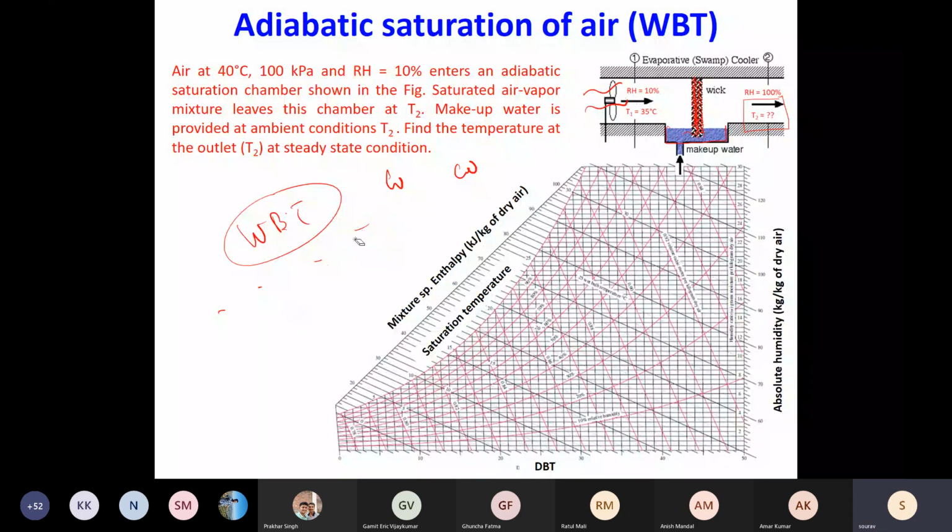So in your desert cooler, even though you want it to be saturated completely, you will not eventually be able to get that. So there is again the effectiveness of the mass transport process, which will limit you. In case you were able to completely saturate the air, then whatever temperature you get at the exit, that is the wet bulb temperature.